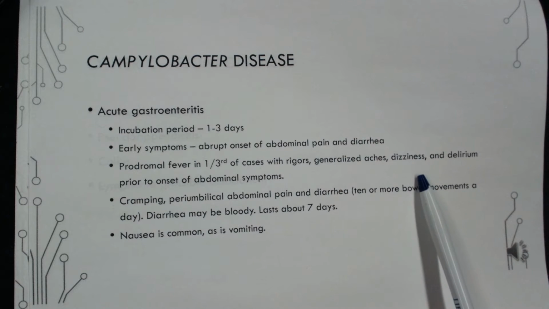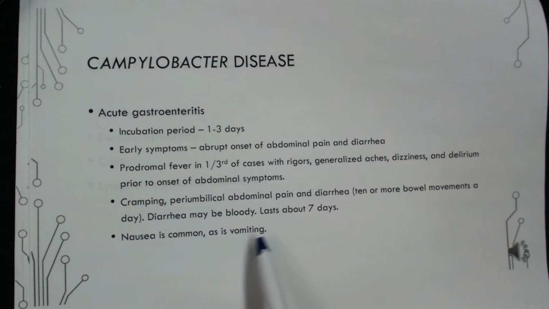Maybe generalized aches, dizziness, delirium. Nausea and vomiting, very common. You have cramping, periumbilical abdominal pain, diarrhea. Usually lasts about 7 days. Diarrhea may be bloody at times.